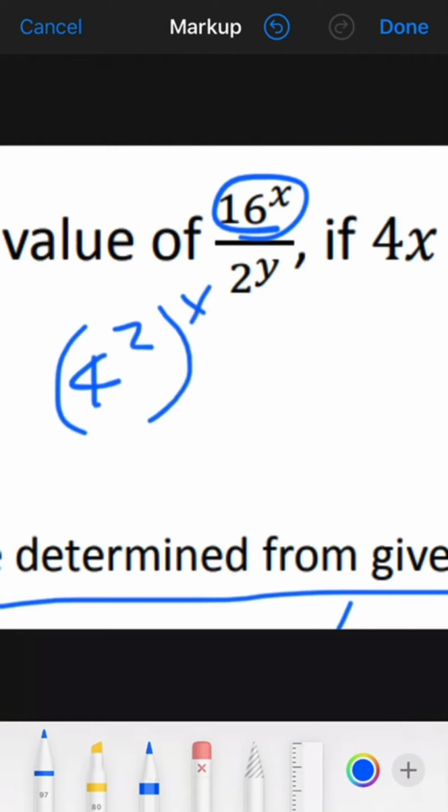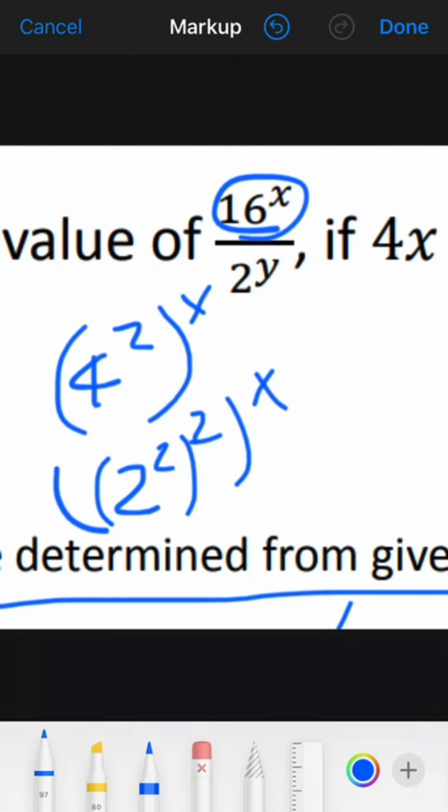But we also know that 4 is 2 squared. So this is the same thing as 2 to the power of 2 to the power of 2, and all of that is to the power of x.